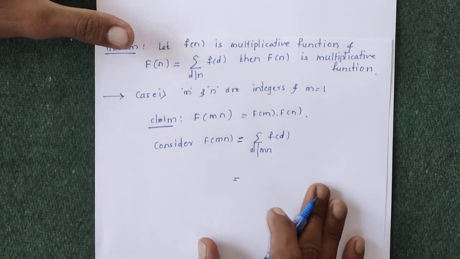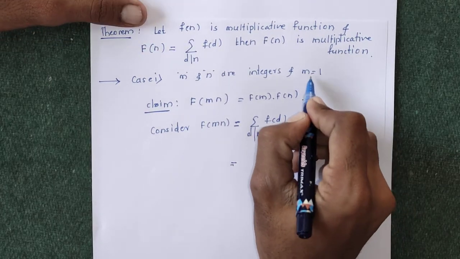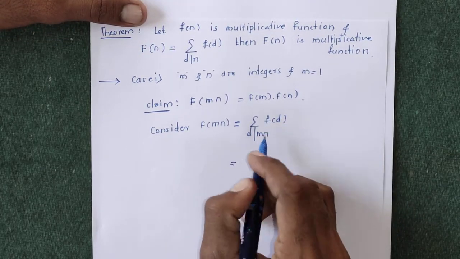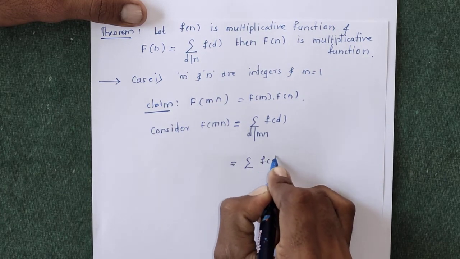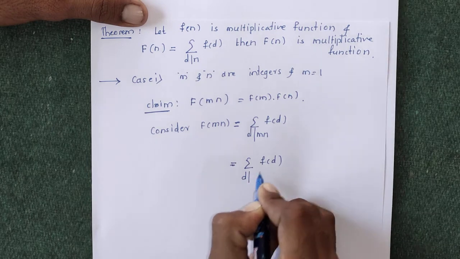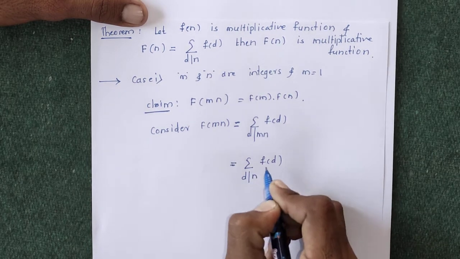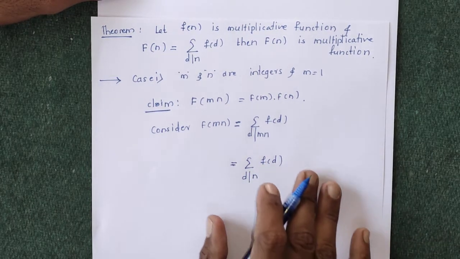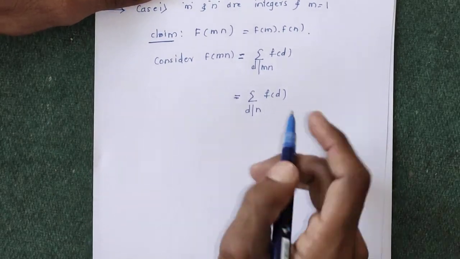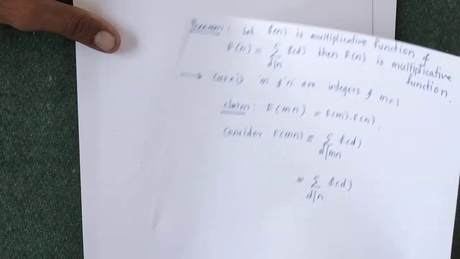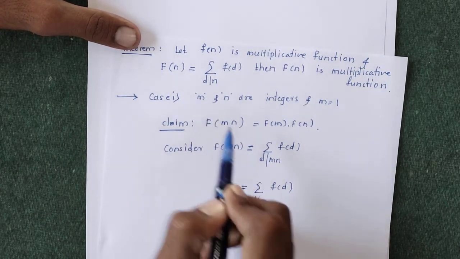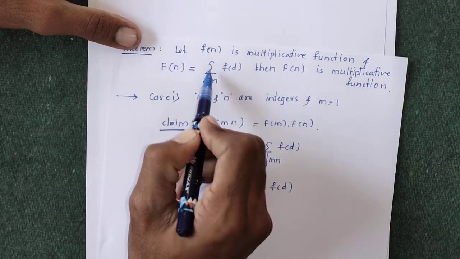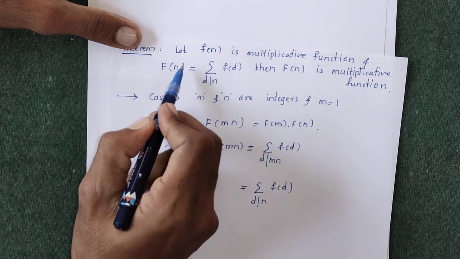Here m is equal to 1, so we can put the value m equal to 1, and we get the summation of f of d such that d is a positive divisor of n. Now from the definition of capital F, we can clearly see that the summation of f of d such that d divides n is F of n.